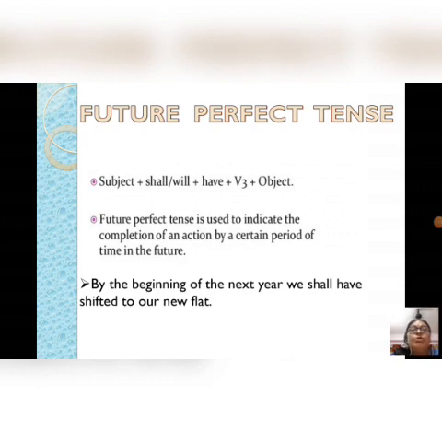The structure of future perfect tense is subject plus shall or will plus have plus V3, meaning the past participle form of the verb, plus object. So you will see here in this sentence, by the beginning of the next year, we shall, I told you with we we use shall, have shifted. Shifted is V3, to our new flat. New flat is an object.